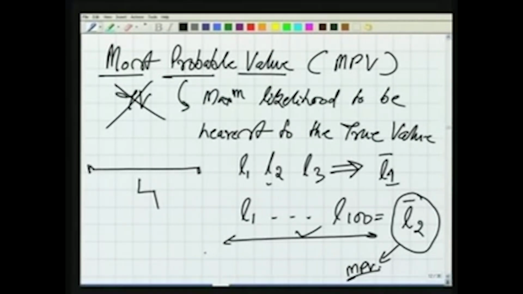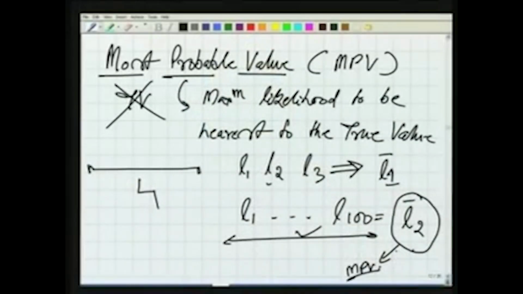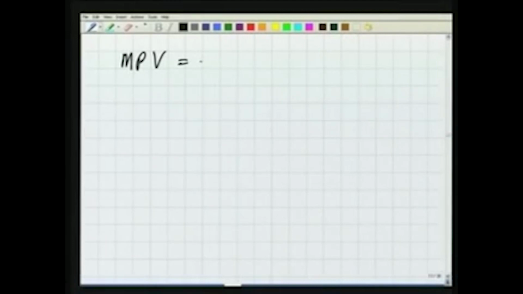Is it L1, L2, L3, L100? We do not know about it, but once we have the observation, which is the mean, we can say this L2 has the maximum probability of being nearer to the true value. So this L2 is our most probable value. So what we are saying in this case? We are saying that the most probable value is the arithmetic mean.